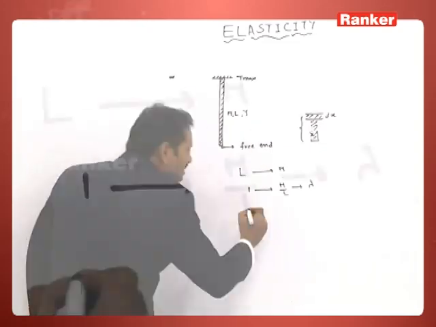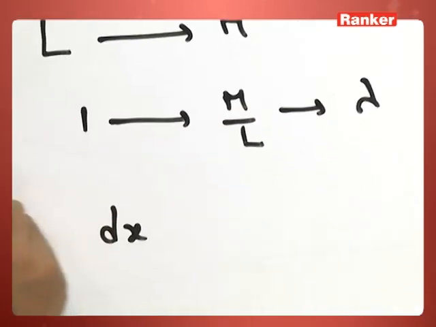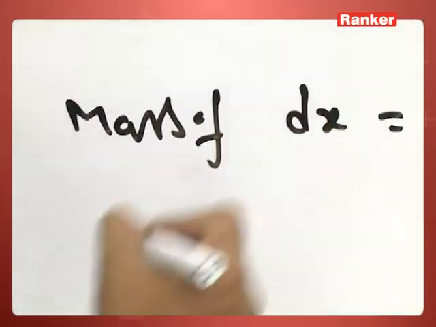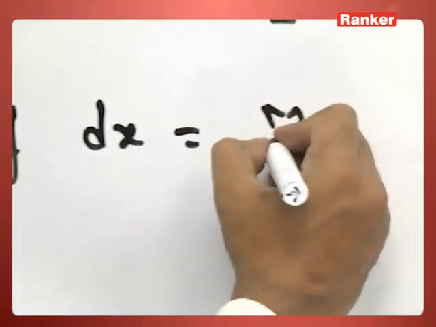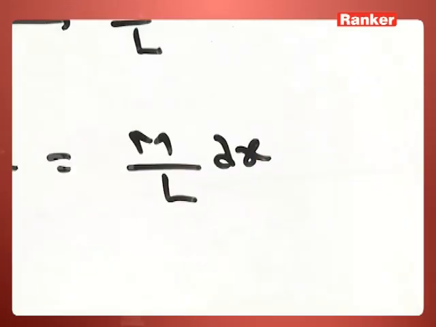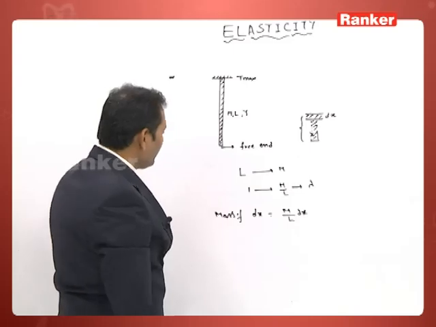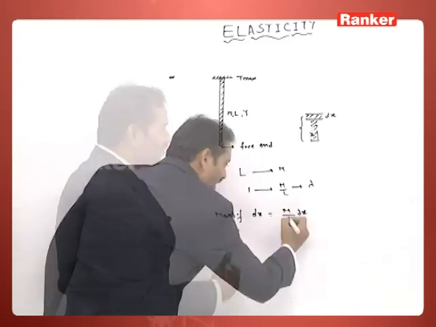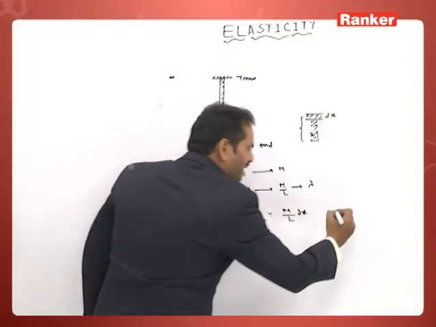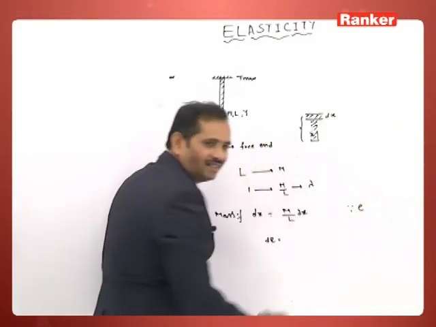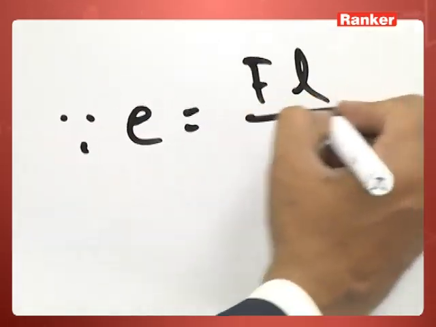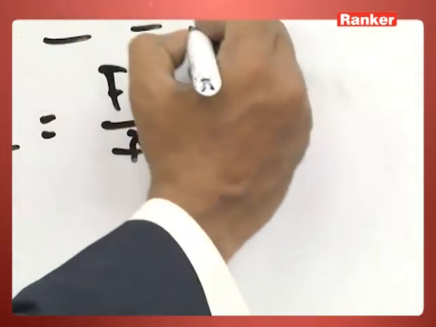I want to calculate the mass of the element. Mass of dx is equal to M by L into dx. Then I think you can understand the extension in the element. Let it be dE. You know very well our basic idea: extension equals FL by AY is the extension formula.